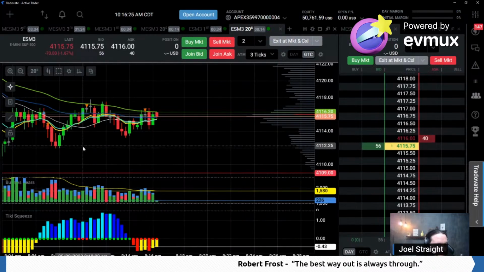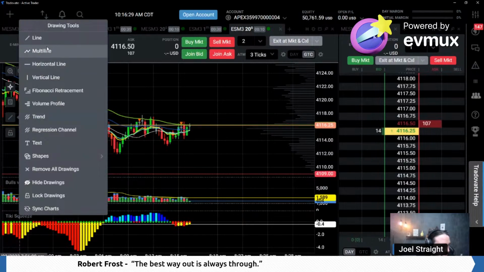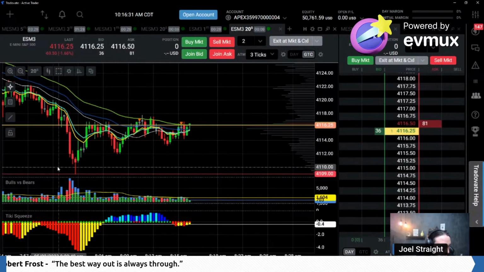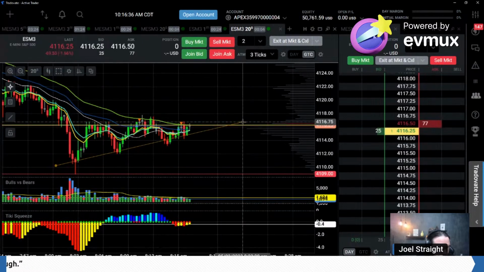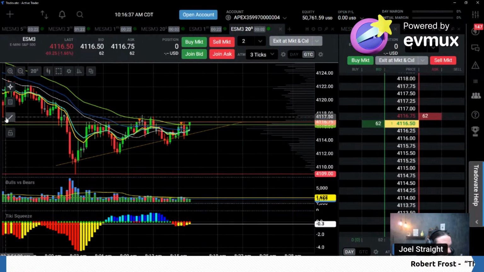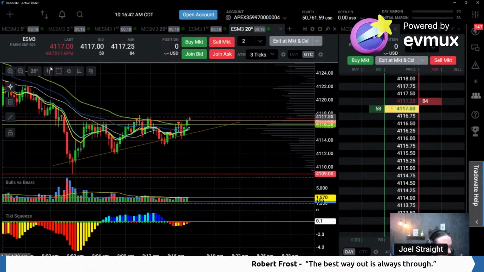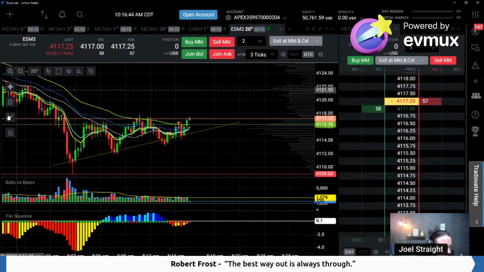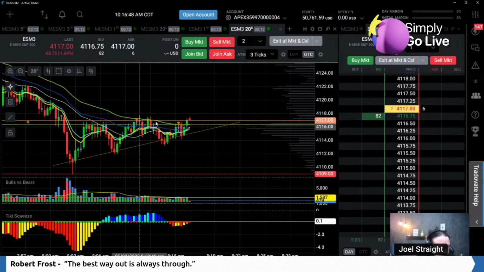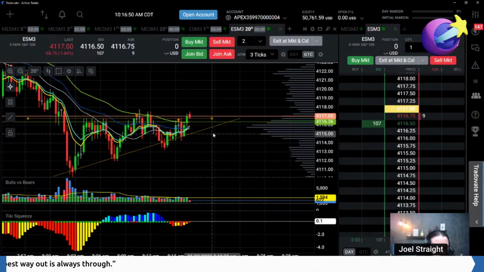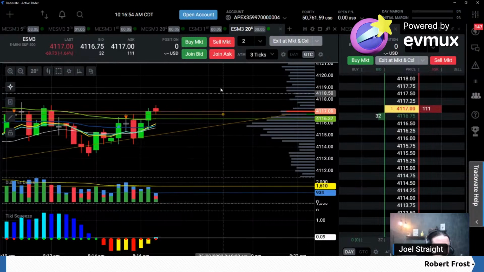We're not really bouncing off the lows anymore. We're starting to get this ascending pattern going. It's actually more of a horizontal, so this is kind of more of a flag area. I think this is looking a little bullish now.